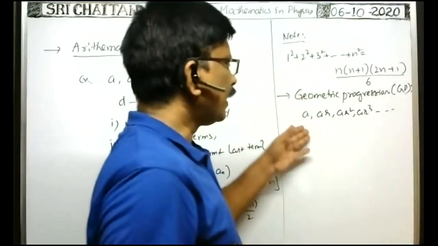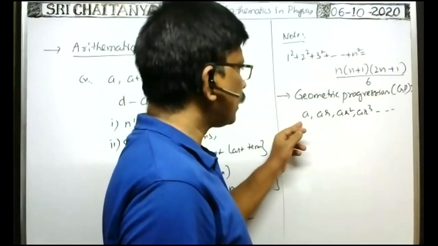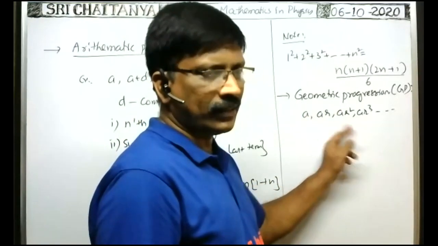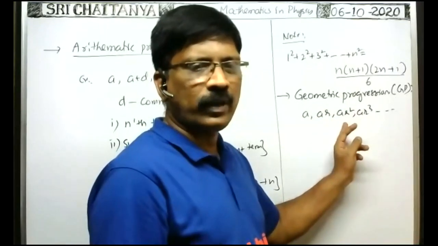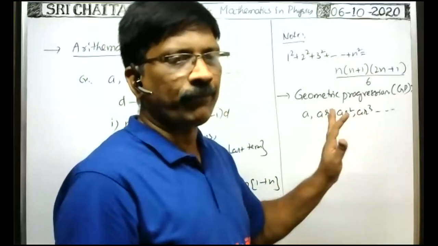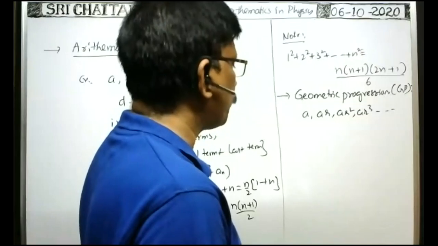You see, there is a series of terms. The ratio between adjacent terms: AR by A is R, AR square by AR is R, AR cube by AR square is R. So the ratio between adjacent terms remains the same. Then these are said to be in geometric progression.